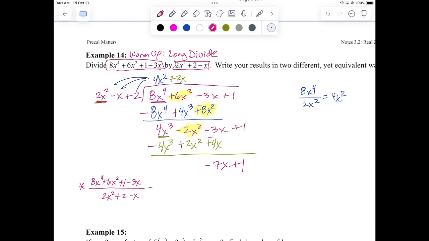That is equal to the quotient 4x squared plus 2x, plus the remainder, which is negative 7x plus 1, over the original divisor, 2x squared minus x plus 2. Okay?